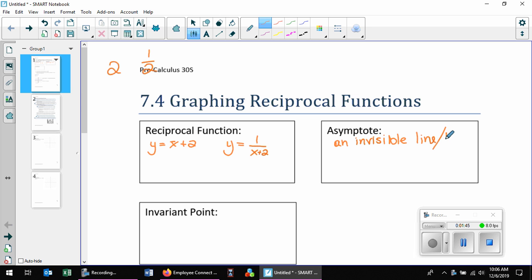It's spelled A-R-Y. Yeah. Thanks. So the function is going to approach it, but it's never going to touch it or cross it.